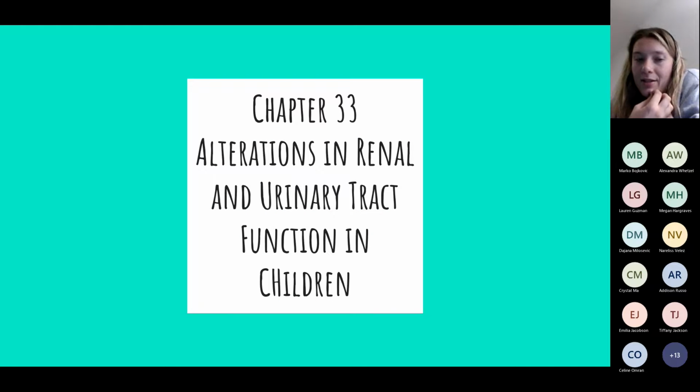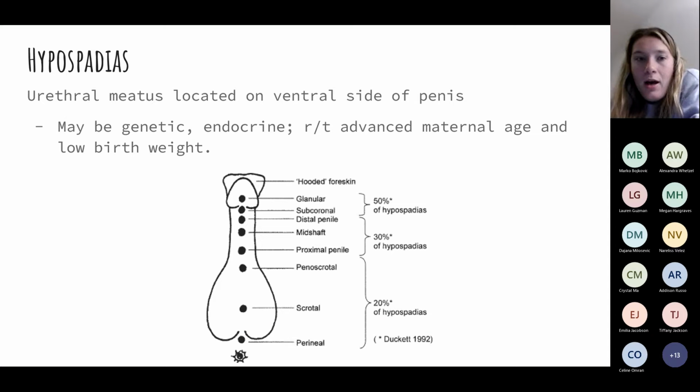All right, let's talk about some issues in our pediatric population. Hypospadias is very, very important. Essentially, what's happening is our urethra is not where it should be. It's on a different side, could be below, etc. As you can see in the picture, there are many different places where this urethra could end up being located.